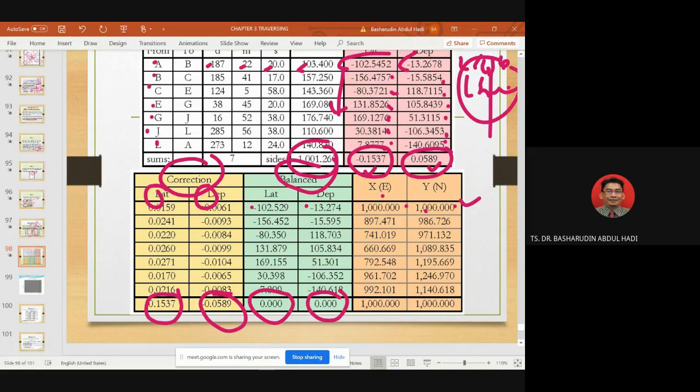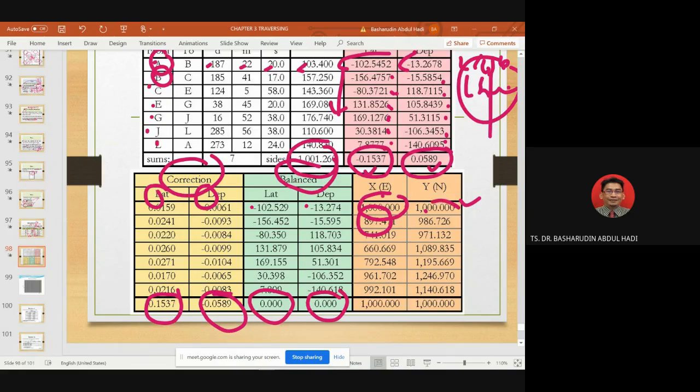So if you get 0, 0 at station A, for example, the X, or we call it easting. Remember easting? It is L sin theta, right? 1000. Y, nothing, L cos theta. From here, they calculate the B coordinate.